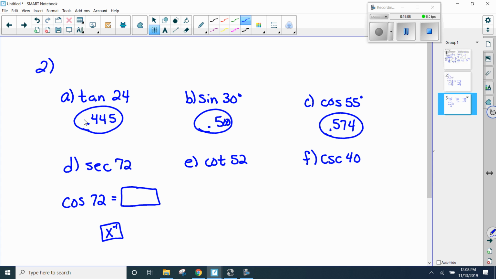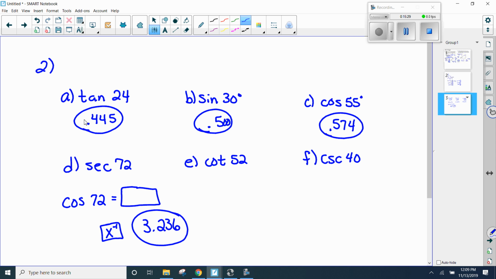X to the negative 1. So you hit that key, and then you get your answer because you need the reciprocal of it. Or you could do 1 divided by the answer that you get from before. And you should get a value of 3.236.